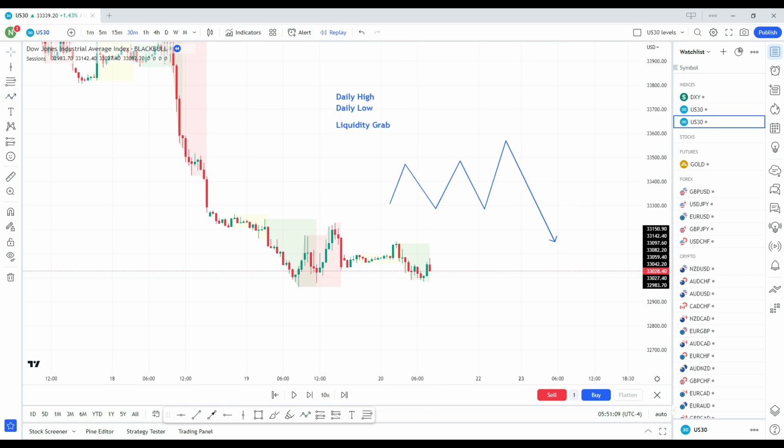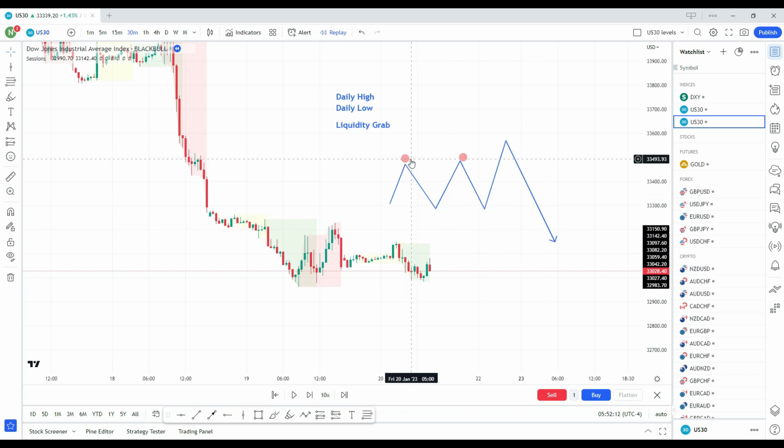Most retail traders place their stop losses here, and so they are stopped out, then the market moves down. And in most cases, these are huge institutions or commercial banks that are manipulating most of the retail traders, and then they take a move.